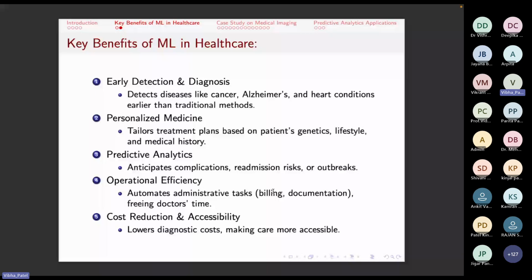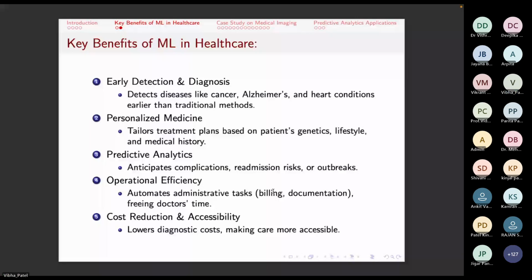You can work on automating various administrative tasks like billing and documentation, and you can free the doctors, nurses and various other people involved, so they can be engaged in the treatment of patients.